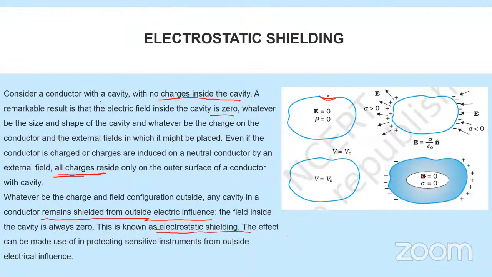Suppose this is your entire conductor and this is a cavity inside. You can see that the electric field is zero and the surface charge density is also zero. Even the electric potential inside this cavity is constant, since the electric field is zero.